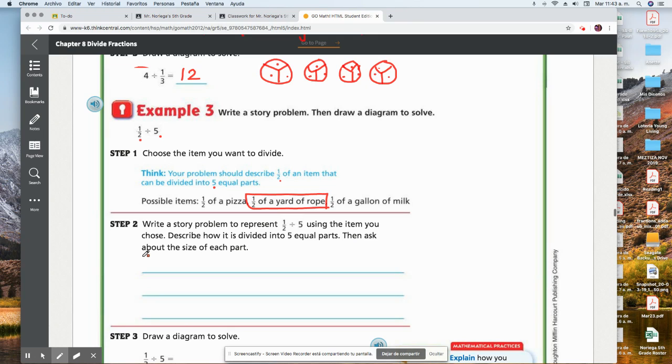Okay, so we can say: Lupe has 1/2 of a yard of rope.